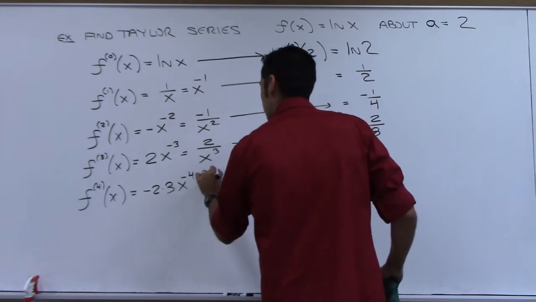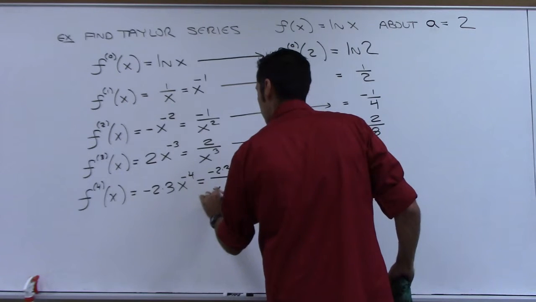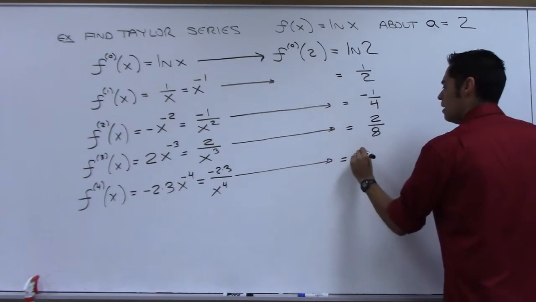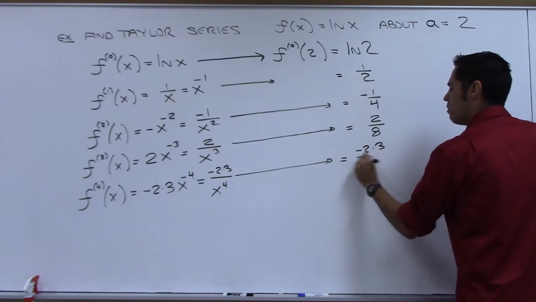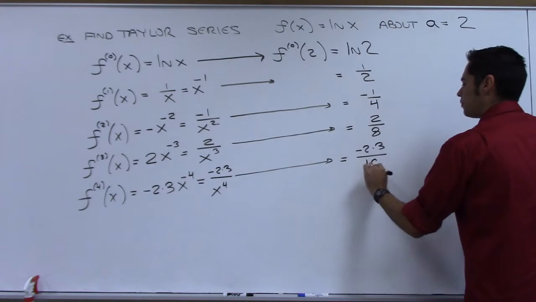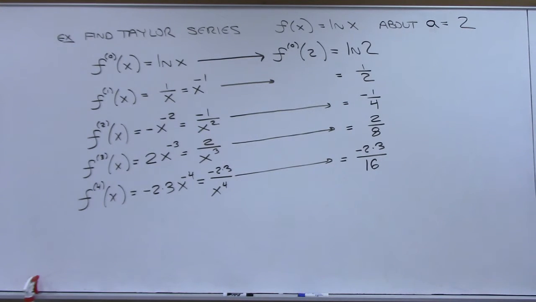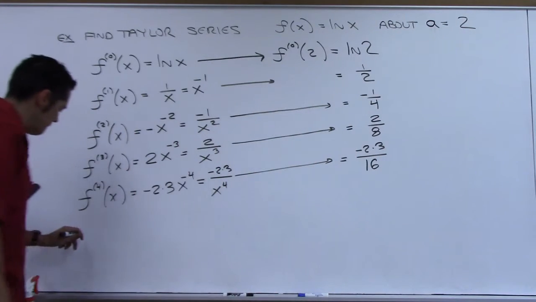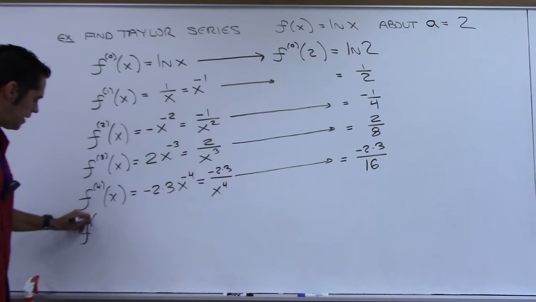Now this is negative 2 times 3 over x to the 4th. When I plug in 2, negative 2 times 3 over, what, 16? You want to do another one? One more? Fifth derivative.